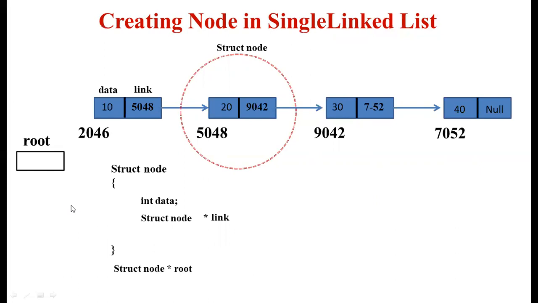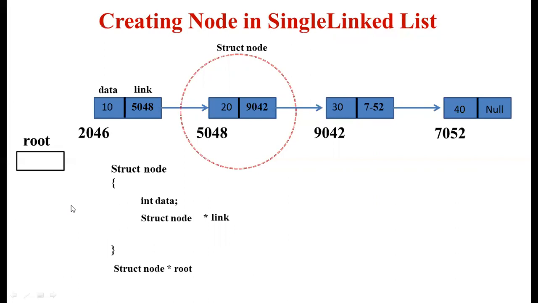How will the memory be allocated to the first node? Node creation or structure is okay, but how the memory will be allocated to this structure dynamically is most important. We have already discussed how to allocate memory to a structure in the dynamic memory allocation concept in C programming language.